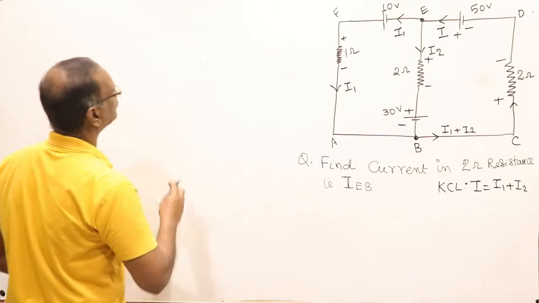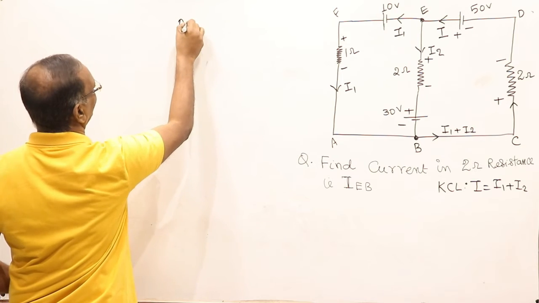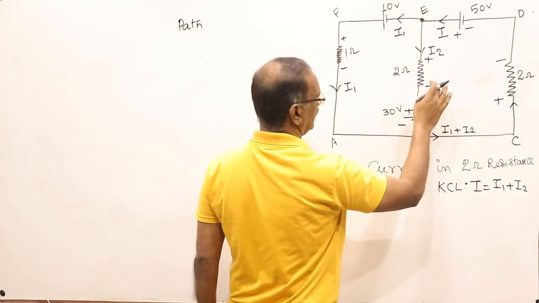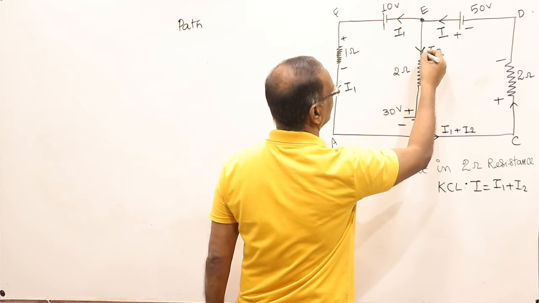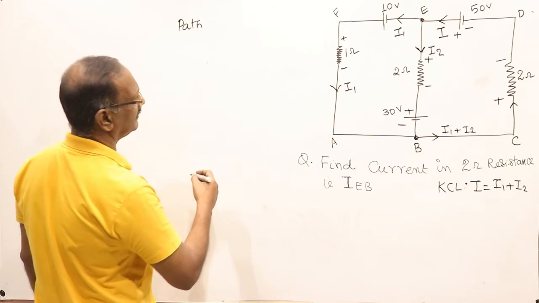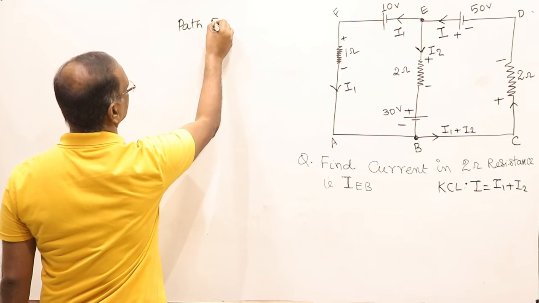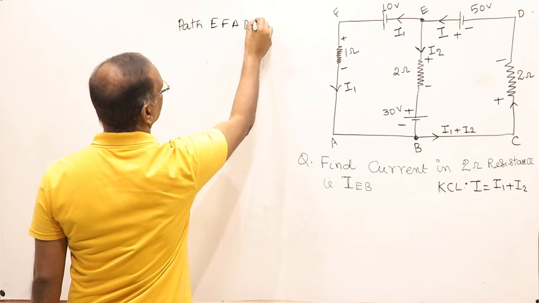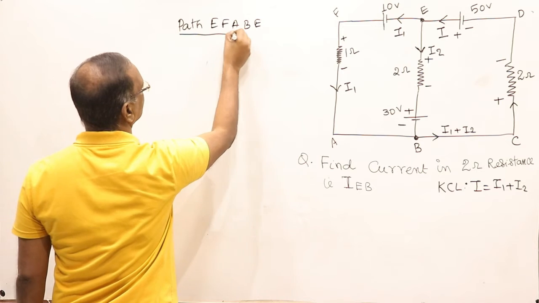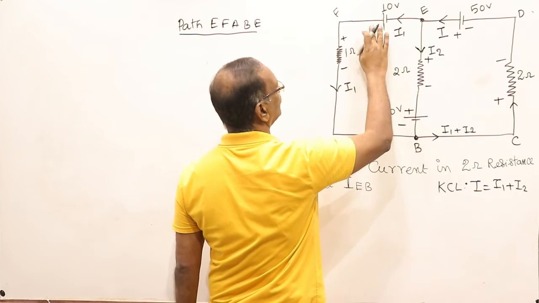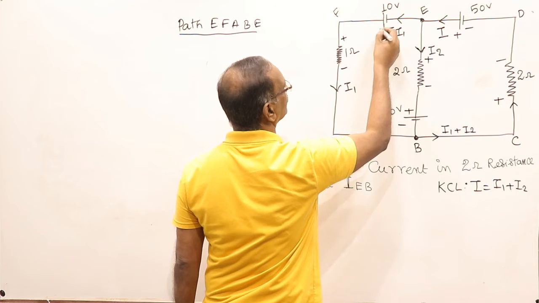For the path, we need two equations because there are two currents, I1 and I2. So for the I1 path, we will select the path E, F, A, B and E. This is one loop. In this loop, we are coming from here to here. This is the negative side of the battery.